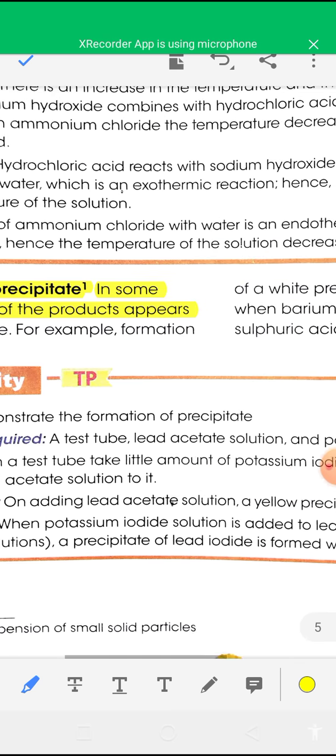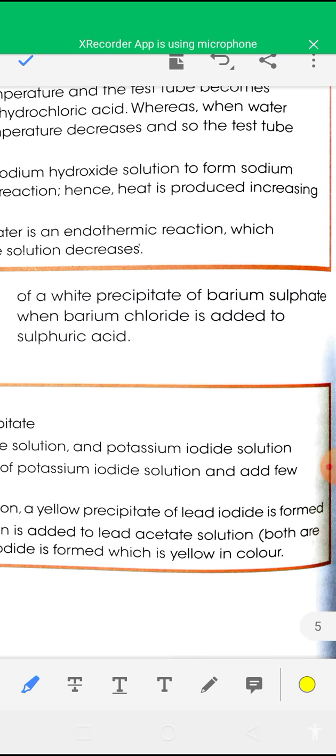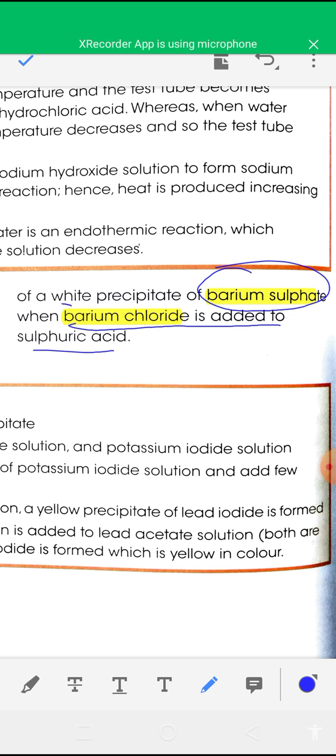For example, a white precipitate of barium sulfate is formed when barium chloride is added to sulfuric acid. Barium chloride is added to sulfuric acid, and you will get a white precipitate of barium sulfate.